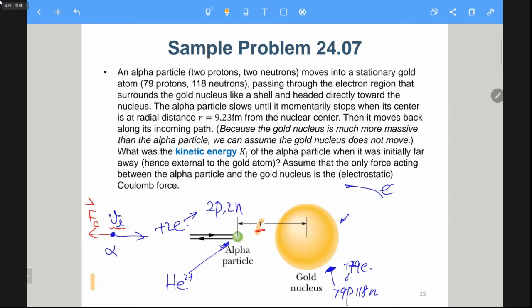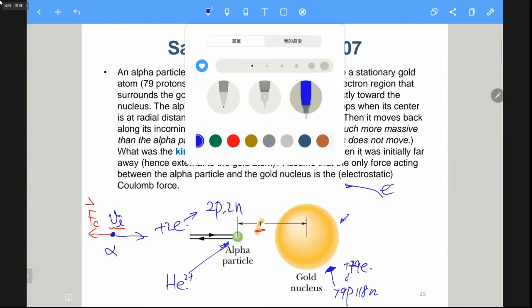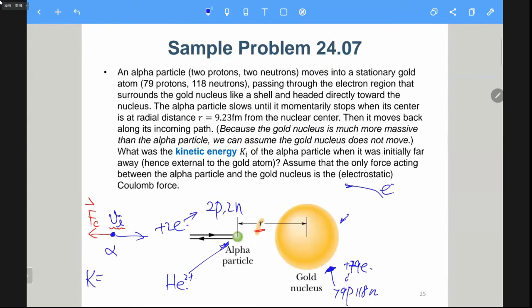The kinetic energy is nothing but 1/2 m alpha vi squared, the initial kinetic energy, without considering the relativistic effect. We will learn special relativity later in this semester.